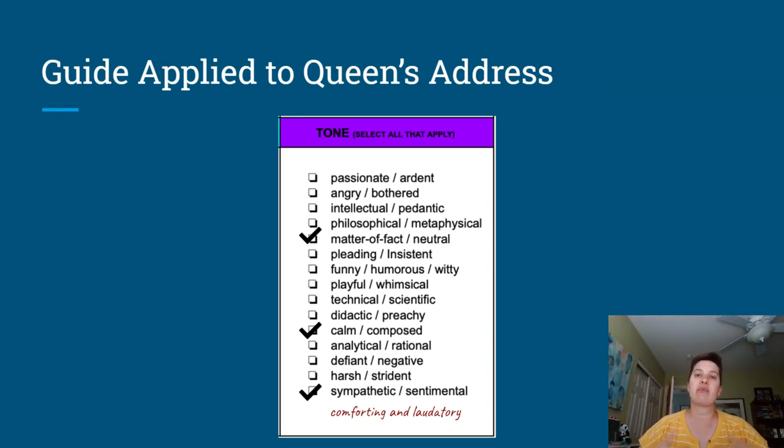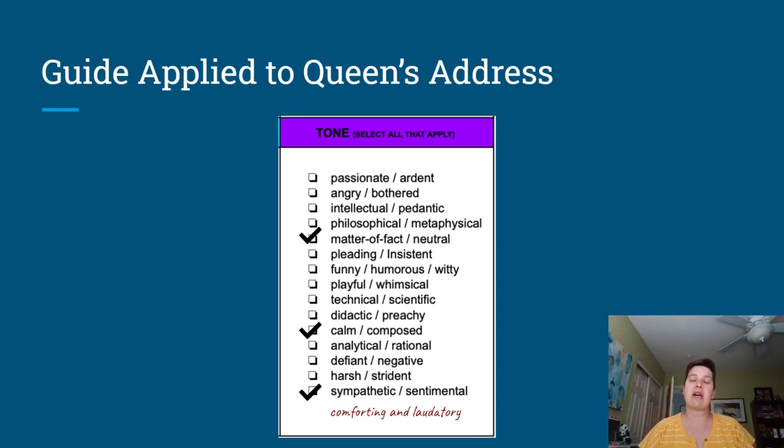So that really carries her idea of keeping everybody calm, keeping everybody comforted. It's as if your mom is trying to calm you in a very, very chaotic time. She is going to speak slowly, calmly, softly in order to bring anxiety down. And that, to me, is the overall tone of Queen Elizabeth II's speech. She is very calm and composed.